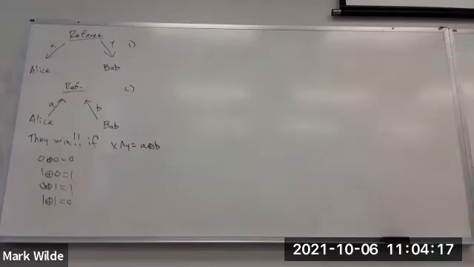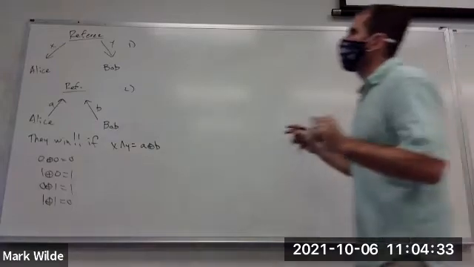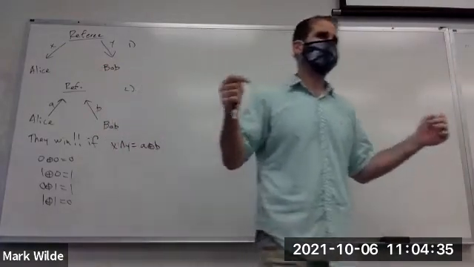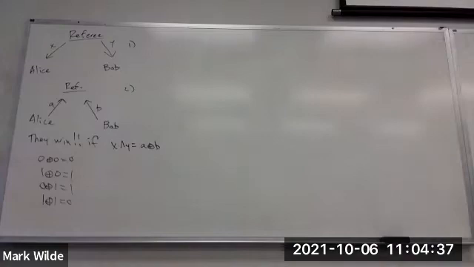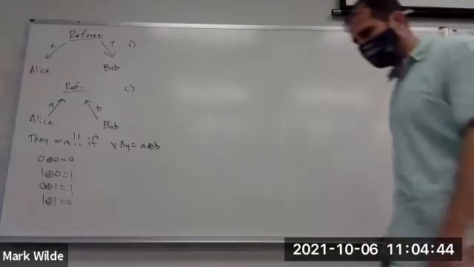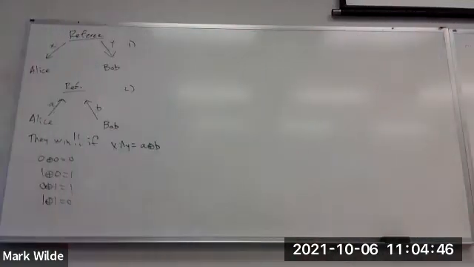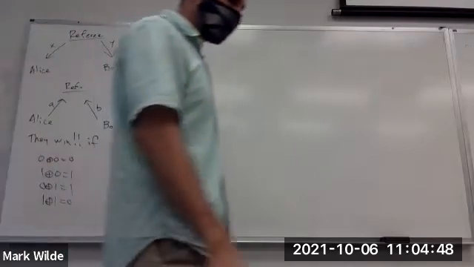I didn't bring coins, but you can play the game, and you'll find that if you're not cheating, the best you can win is 3/4 of the time. And also, I'm assuming that the referee's coins are fair, right? So the probability of getting any configuration of the coin outcomes is 1/4. Because there's 2 coins, 2 bits, so 4 outcomes, 1/4 each, fair coins.